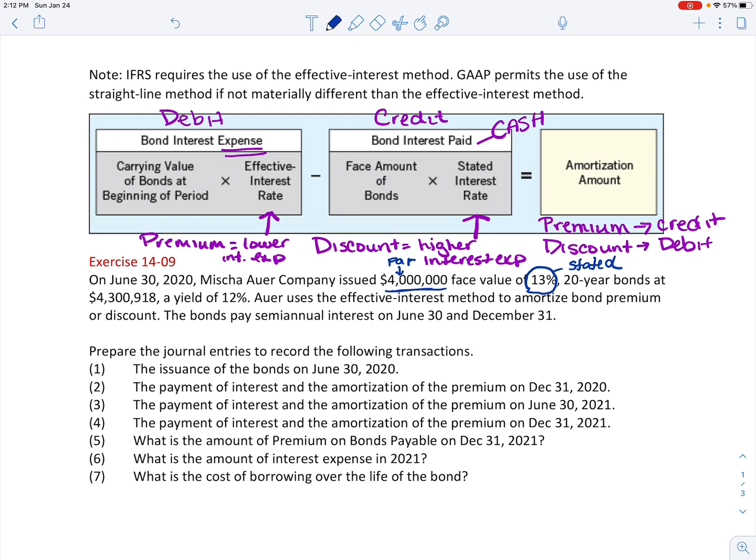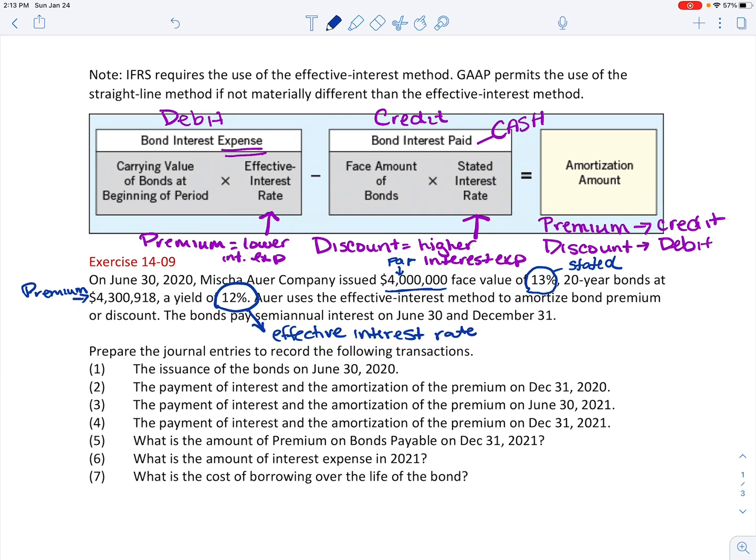Now this bond is sold at a premium because it's higher than the par value, and the yield is going to be your effective interest rate. It's going to be a premium because my stated rate is higher than my yield.